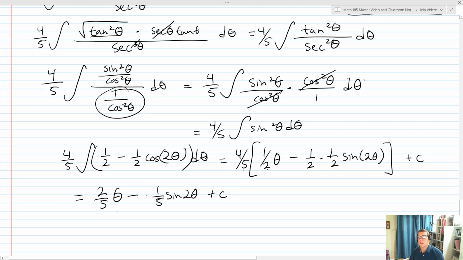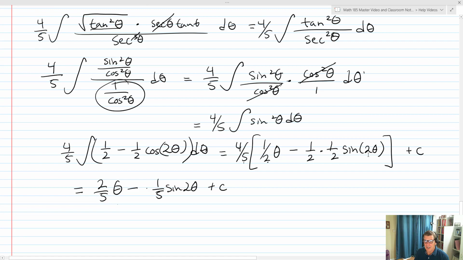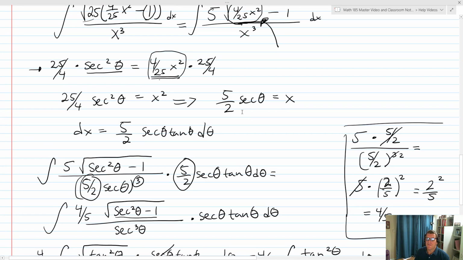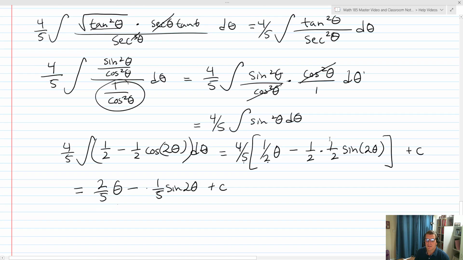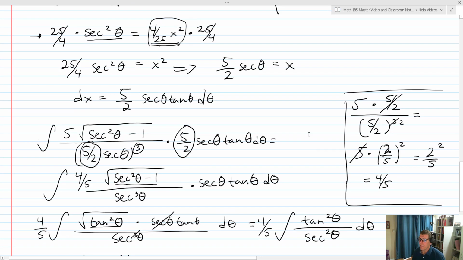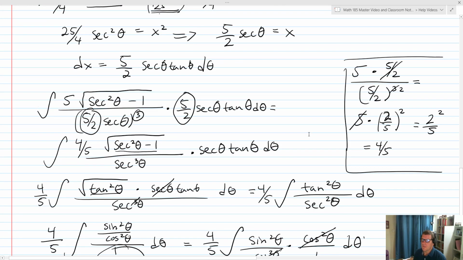Now, here's the deal. The problem that we have now with this particular one, kind of interesting actually, is that if you remember, x is 5/2 secant theta. And so we don't have a secant inverse, and we don't want to write things in terms of secant inverse anyways.